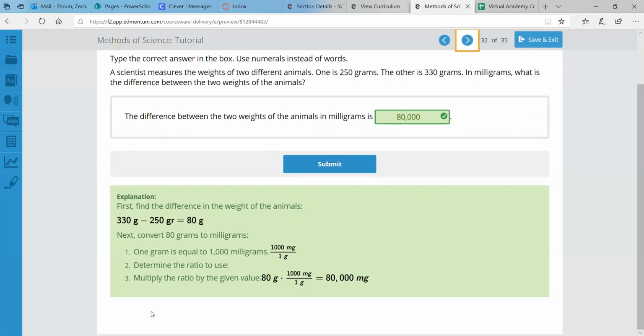This prefix milli is 1,000th. So that is how we know 1,000 milligrams to 1 gram. And so now we just multiply the ratio. So we have 80 grams times 1,000 milligrams over 1 gram. Gram cancels out with gram. You have 80,000 milligrams, okay? So subtract, find the ratio, multiply the ratio. And those are the steps we are going to use again and again.